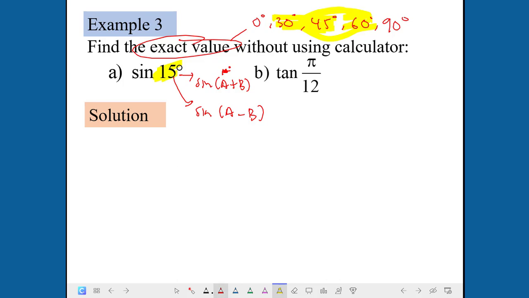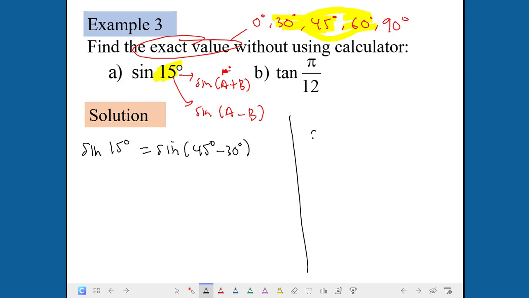Up to you. You can take sin 15 equal to sin(45 minus 30), or sin 15 equal to sin(60 minus 45). So we are going to find sin 15 without using a calculator.